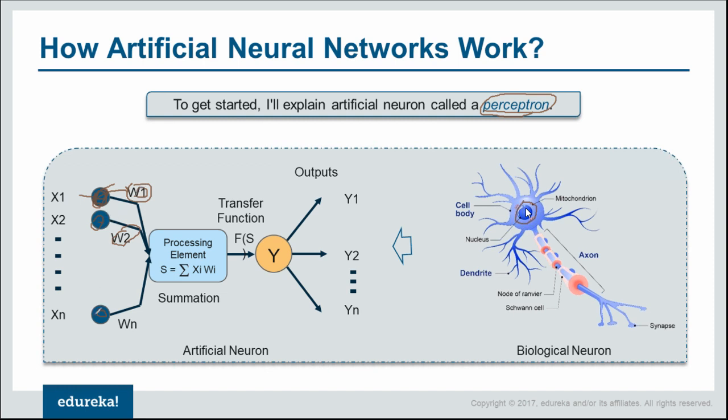Each of these inputs has its own weight, and each value is scaled up with its weight and then comes here. Then this unit does the processing, and the processing is very simple.